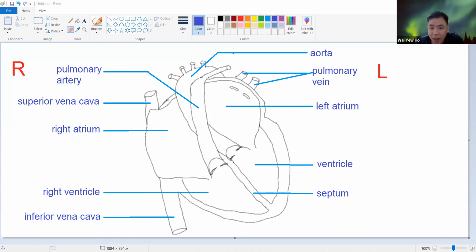What are the names of the valves? The bicuspid and tricuspid valves. All right, Ms. Chan will do it for you since we still got some time left. Yeah, I'll add to the drawing now.